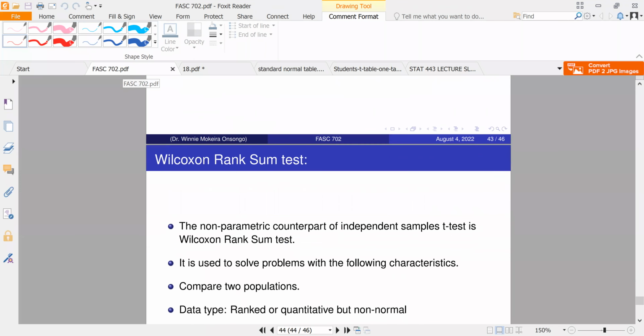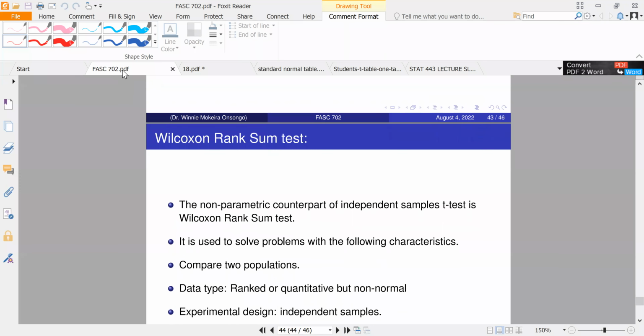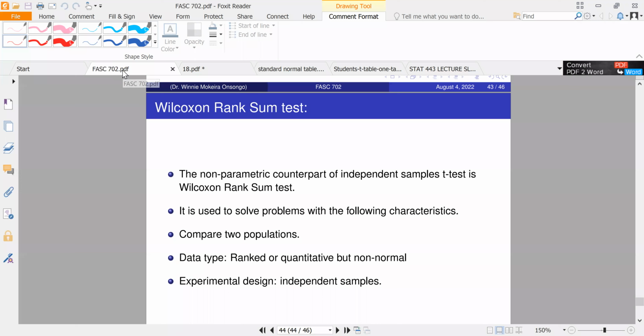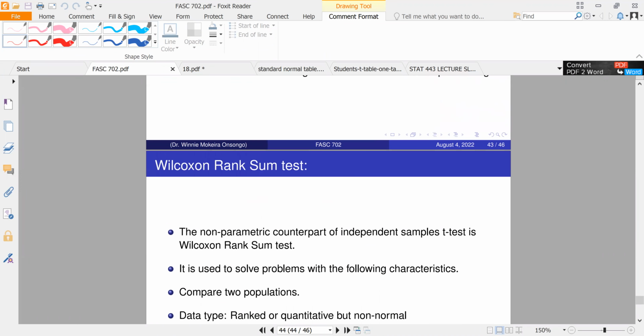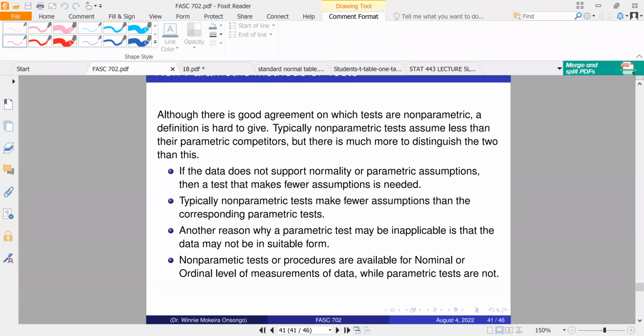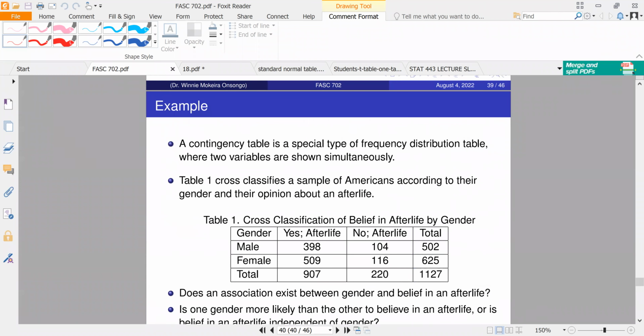But if you have more than one categorical variable, then we now have the Wilcoxon rank sum test. Now, in this case, the Wilcoxon rank sum test is similar to the student t-test for two populations. It is a counterpart.